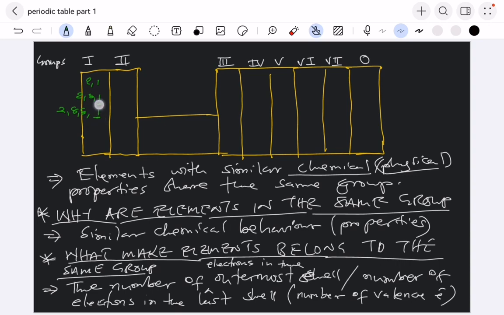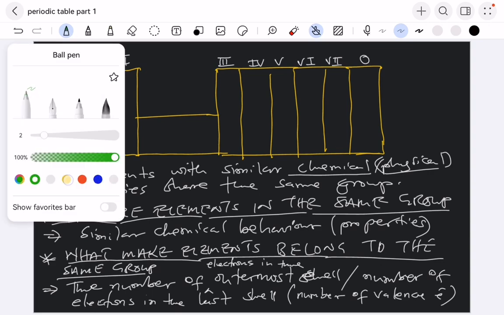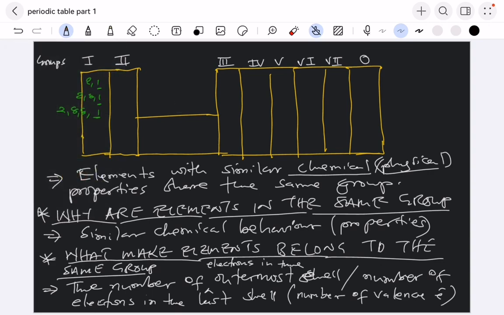So you notice that the number of electrons in the last shell will determine the group. If I'm looking at group 2, you see it's a 2, 2, 2, 8, 2, 2, 8, 8, 2. So you will notice that the number of electrons in the last shell is deciding the group.